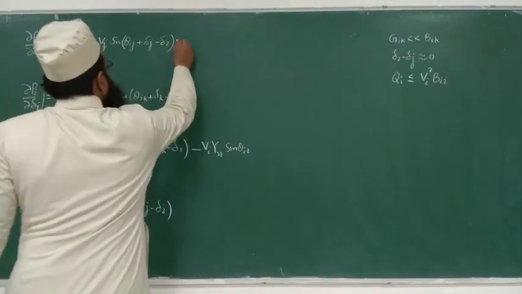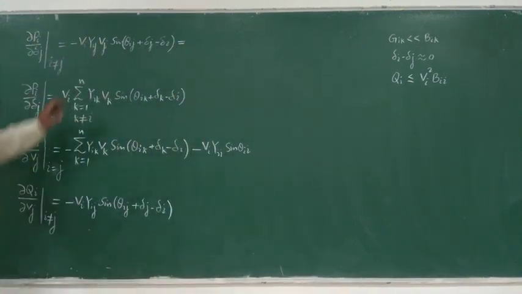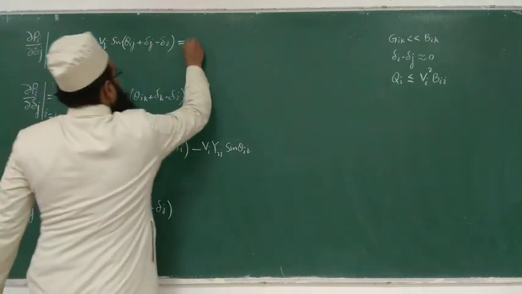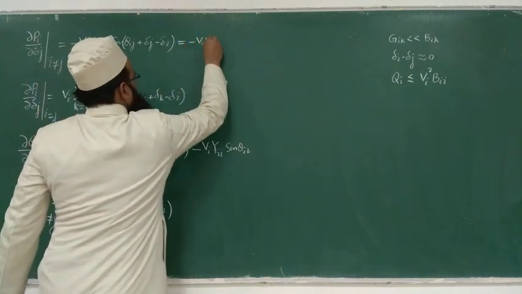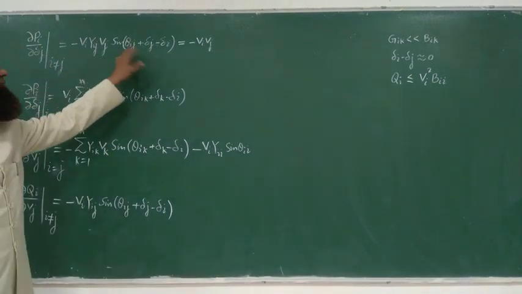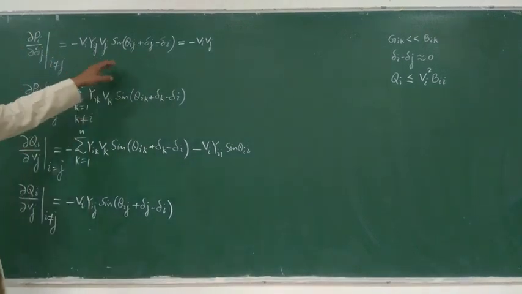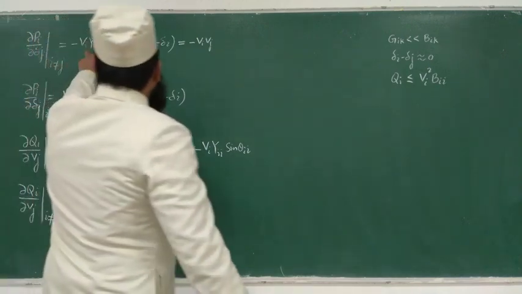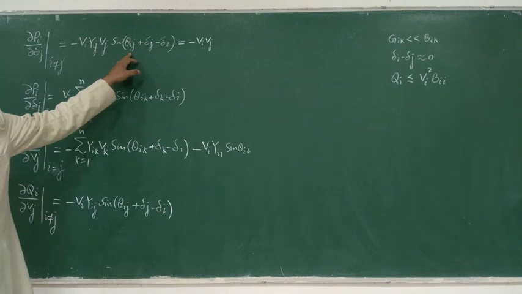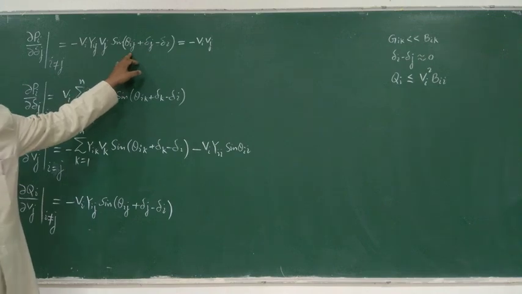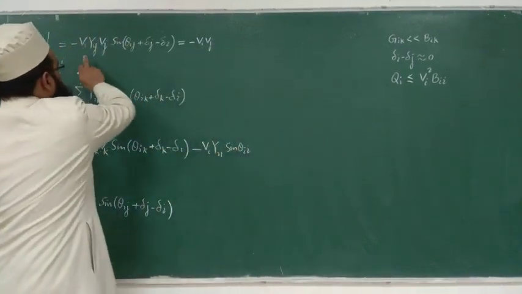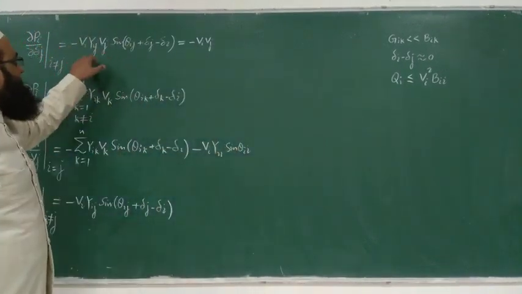So this can be written as Vi, Vj, Yij. Right here, all the voltages together, Vi, Vj and Yij, break it into sin A cos B. That will be Yij sin of theta ij. Yesterday we tried this, right?